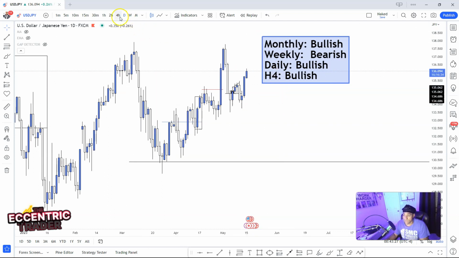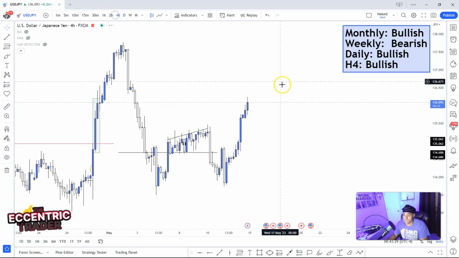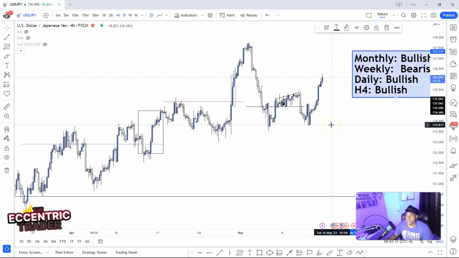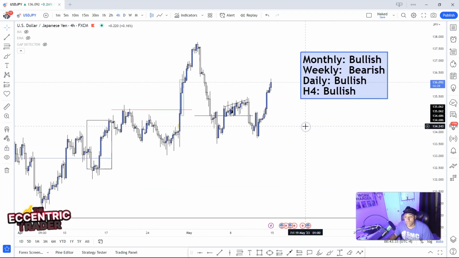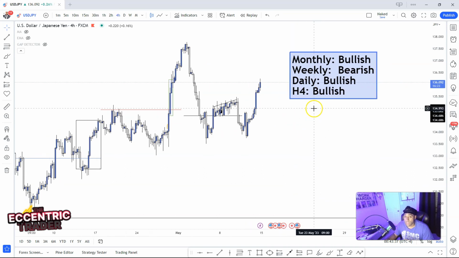So let's go to the H4 time frame. Daily, definitely bullish. All right, H4, bullish, right? Only thing to look out for when it comes to UJ right now is just DXY. DXY and UJ correlate very heavily.